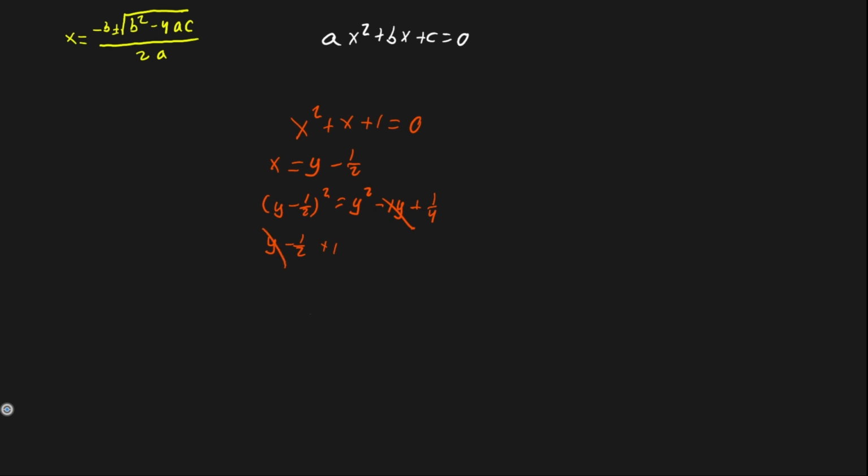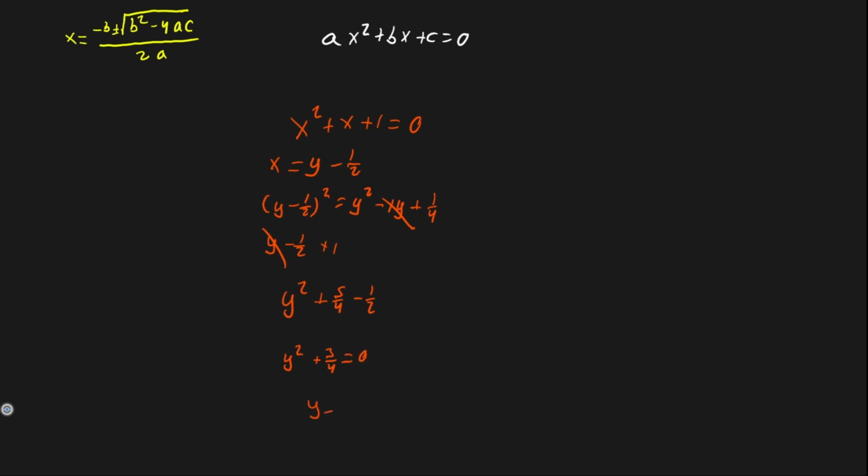So the y is going to cancel out, where we are left with y squared plus 5 over 4 minus 1 half, which is the same thing as y squared plus 3 over 4 is equal to 0.